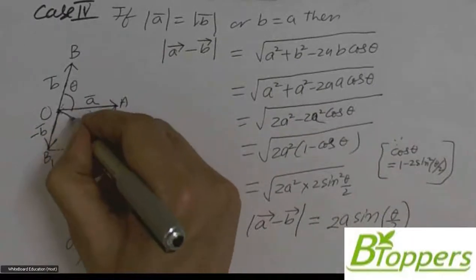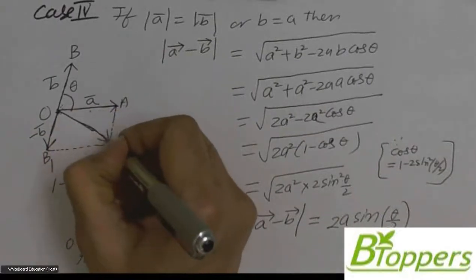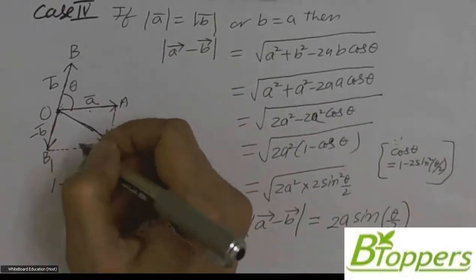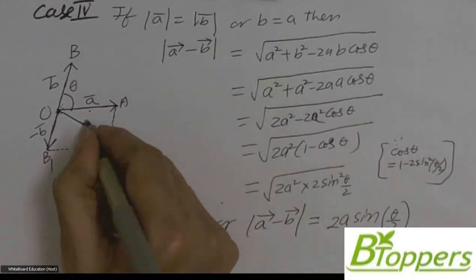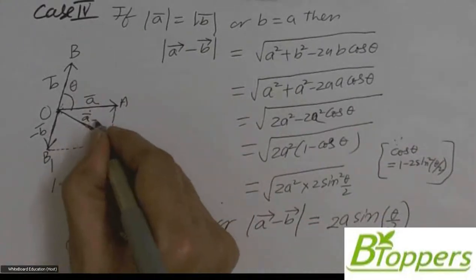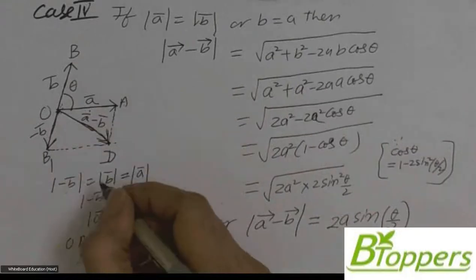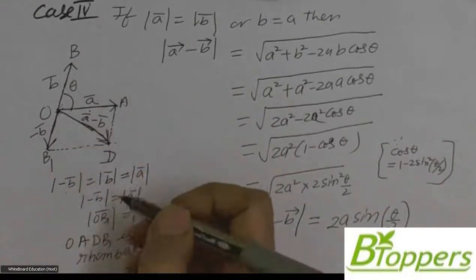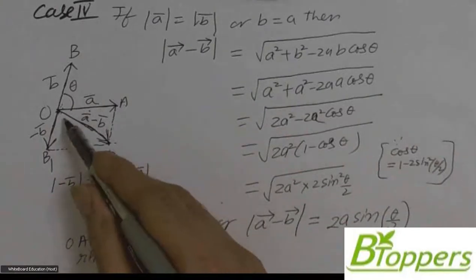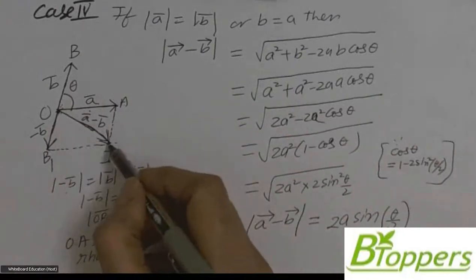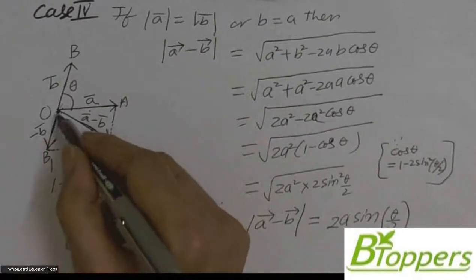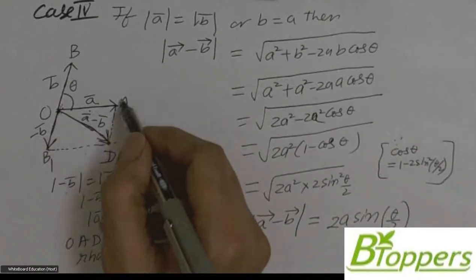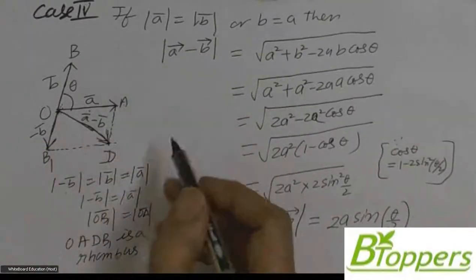So the direct line segment OD bar along the diagonal of this parallelogram represents the resultant of A bar and minus B bar, or A bar minus B bar. In the rhombus, the diagonal OD bisects the angle between the adjacent sides.